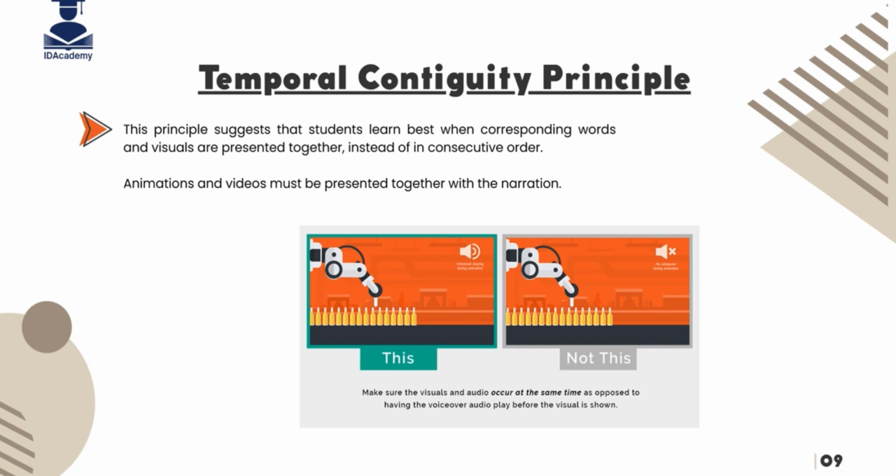This principle states that students learn best when corresponding words and visuals are presented together instead of in consecutive order, meaning that animations or videos must be presented together with the narrations that are included in those animations or videos.